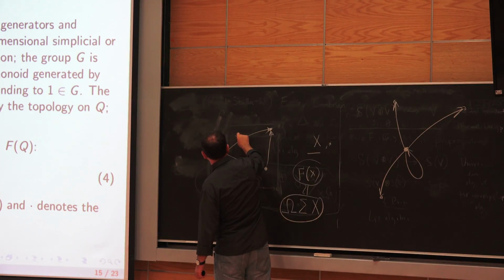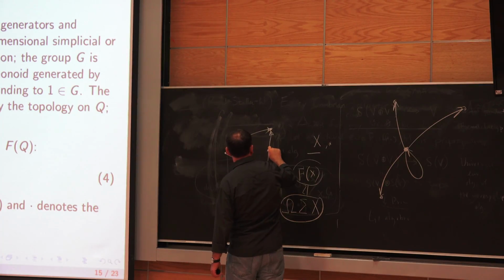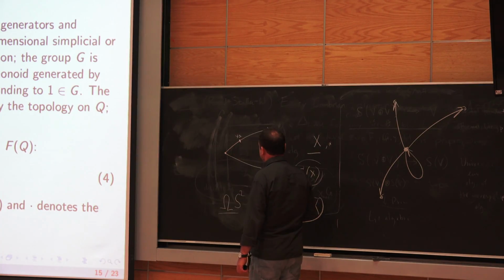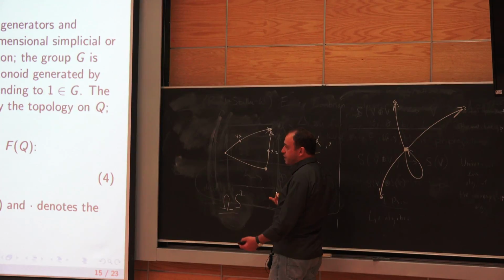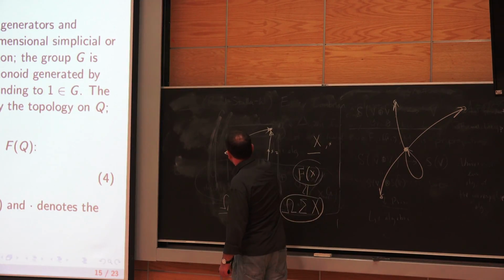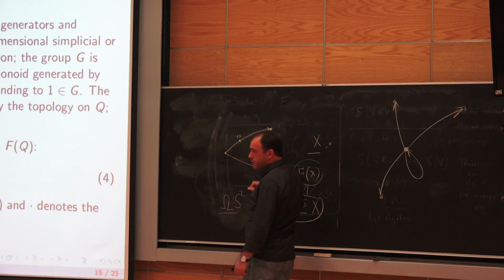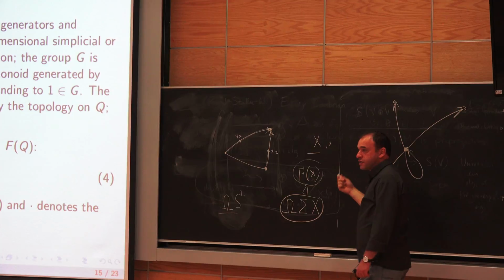For instance, if x1 runs here, x2 runs here, the product x1 x2 will run over here. You'll have one cell which is the product of this one with this one. And this is why James construction is useful.